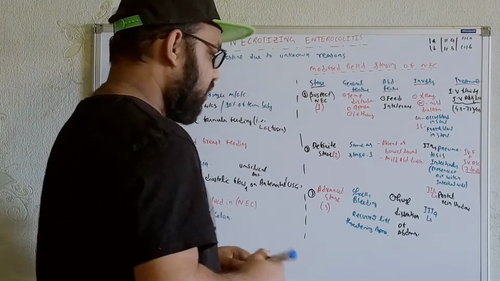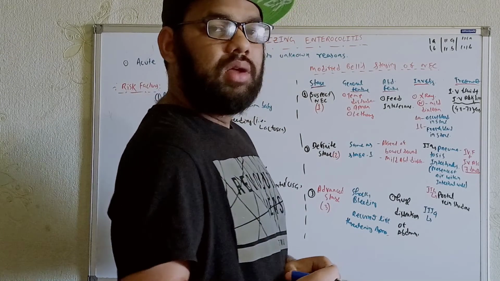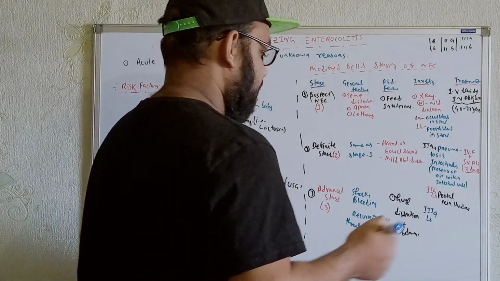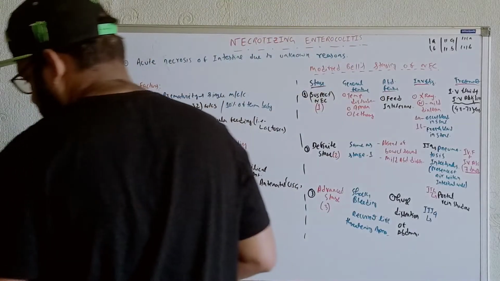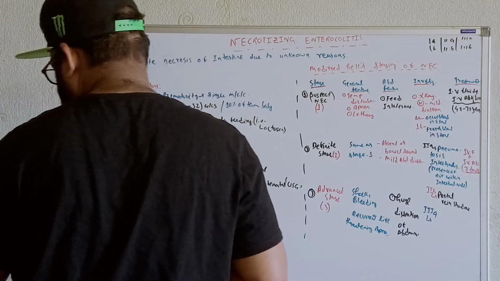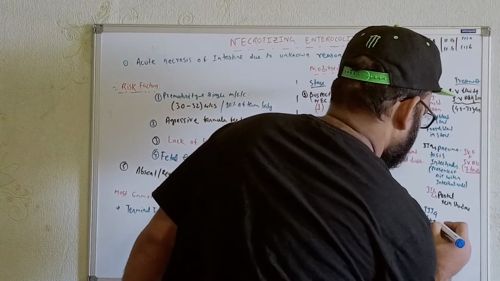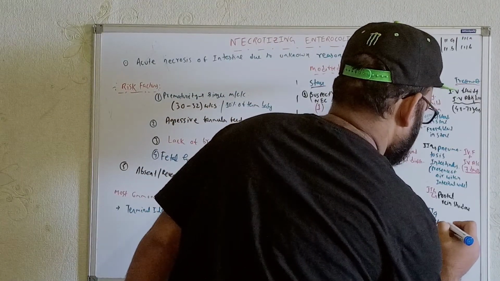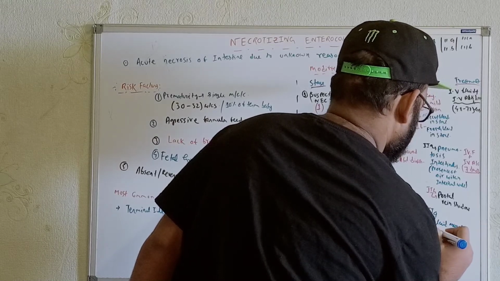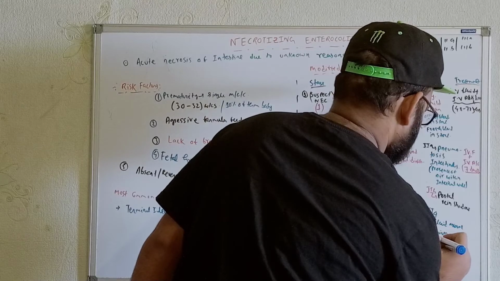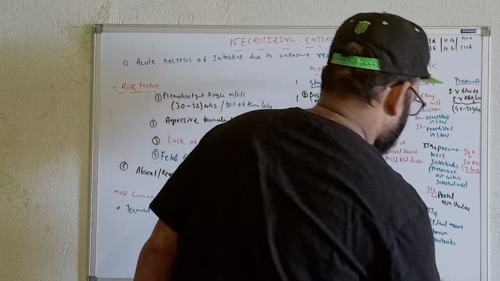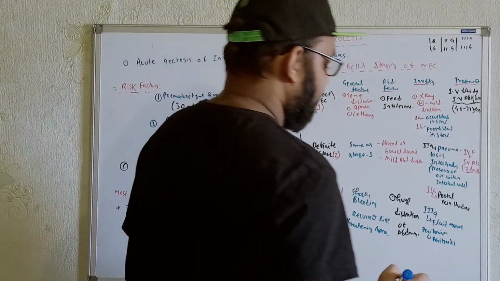Whatever we get, there is fluid around the peritoneum, and this condition is known as peritonitis. So we will get fluid around the peritoneum. Along with that, we will get free gas under the diaphragm.